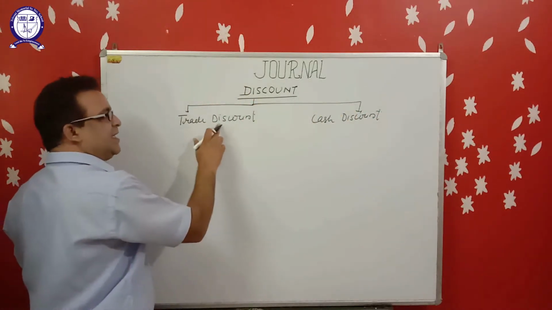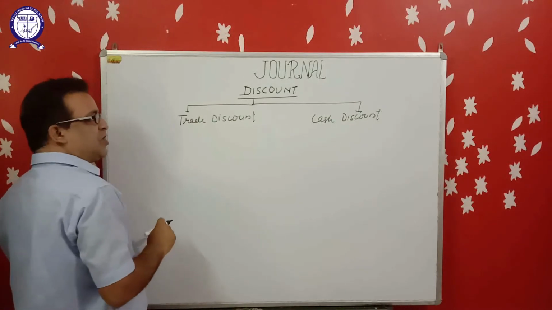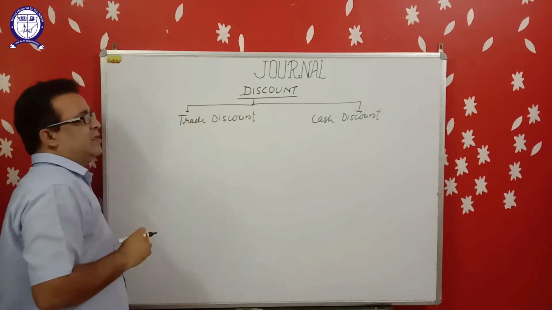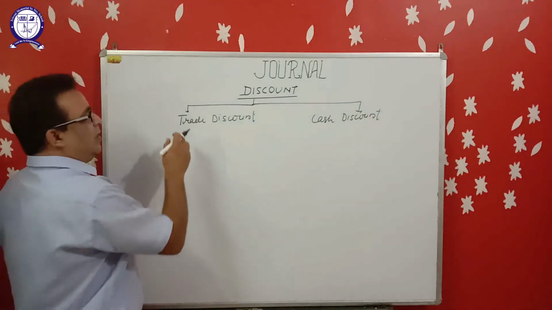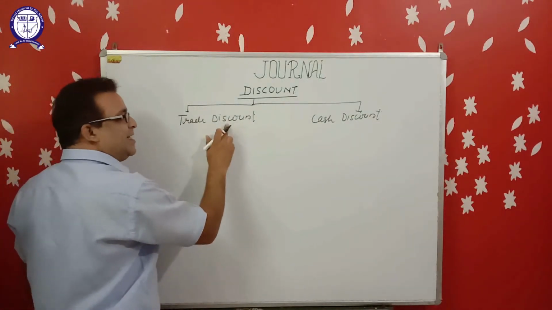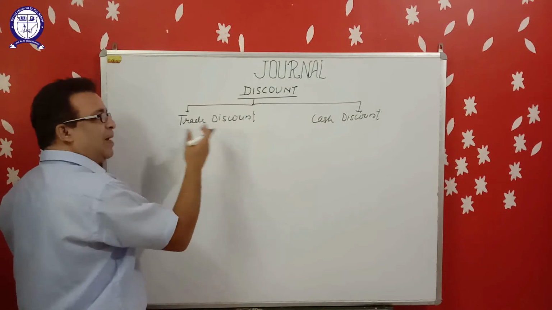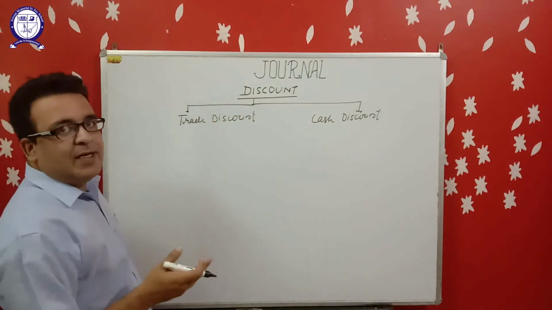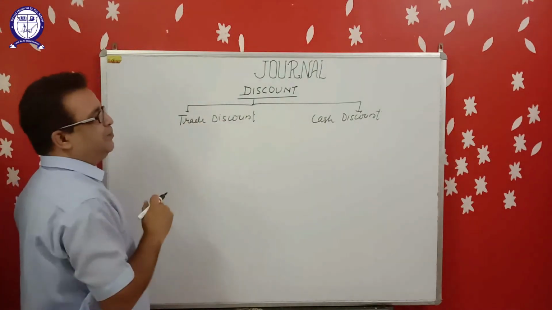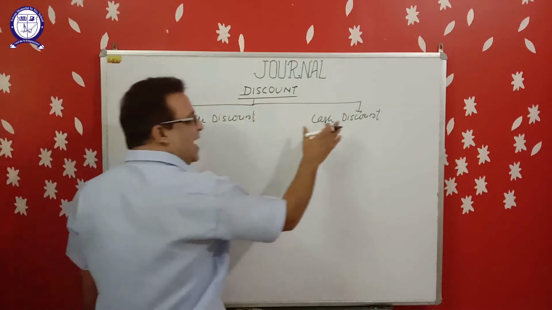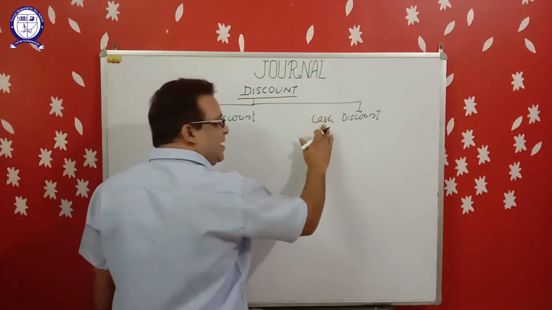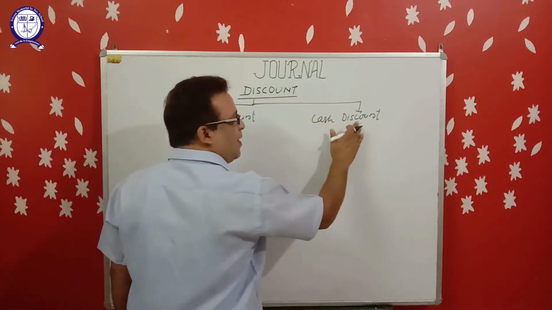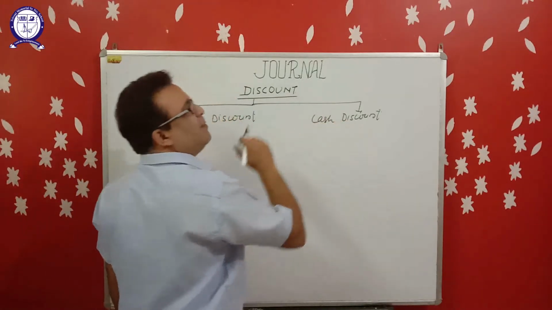Trade discount is given by the manufacturer or wholesaler to the retailers for purchasing goods in bulk. In bulk means in very large quantity. And cash discount is a discount which is given for prompt payment. Prompt payment means early payment.